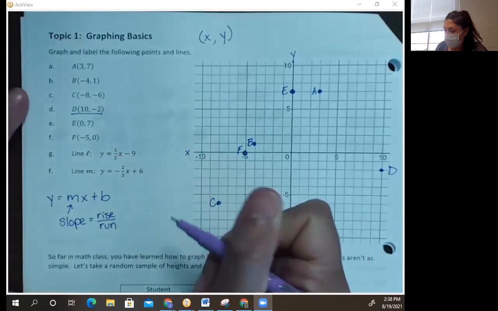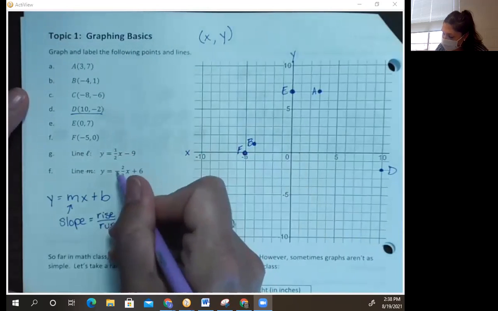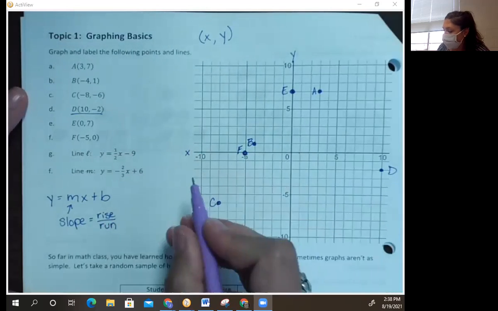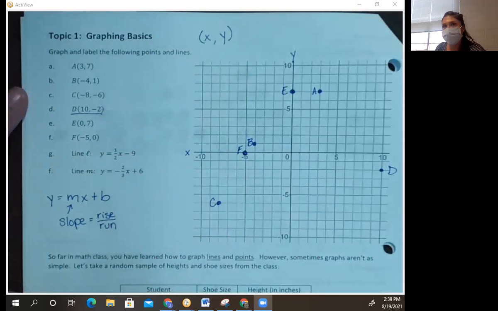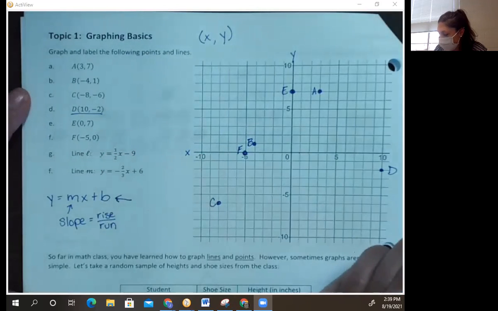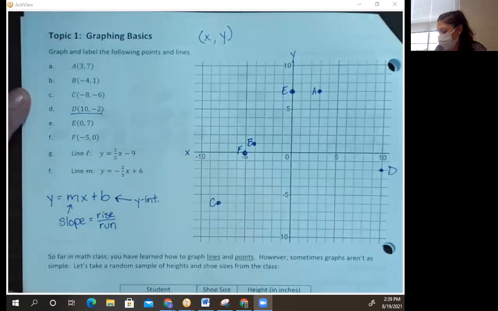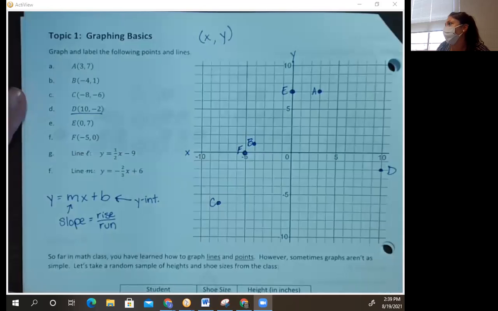So for slope, I could be rising up or down. If my slope is negative, we're going down, but I'm always running forward. And then the b part, that number at the end, is my y-intercept. When I'm graphing a line from slope-intercept form, we're going to start by plotting the y-intercept.